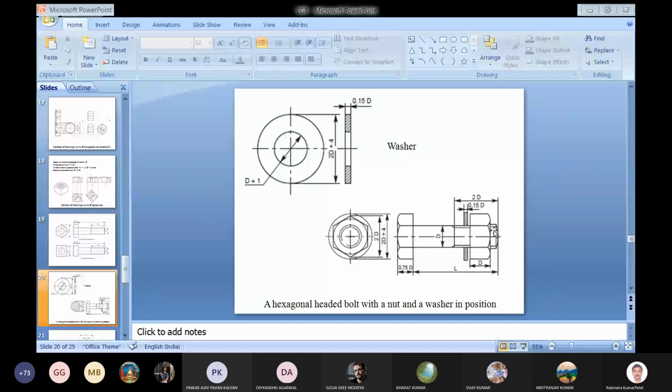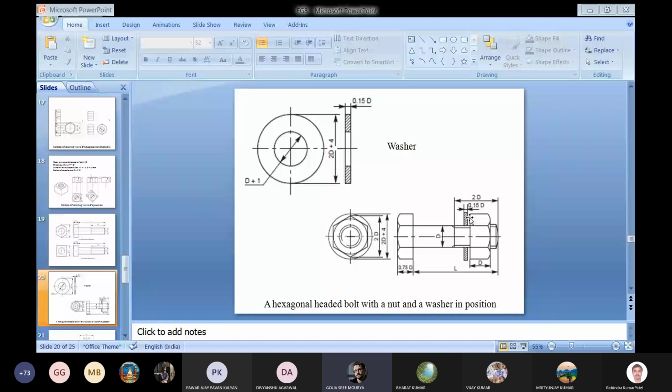So it gives a proper surface to the nut so that it can be easily tightened, and at the same time the pressure distribution along the surface of the washer due to the presence of the nut will be uniform. So two things: one is the pressure distribution, which can be kept uniform because of a smooth surface, and at the same time it provides a smooth surface for tightening.